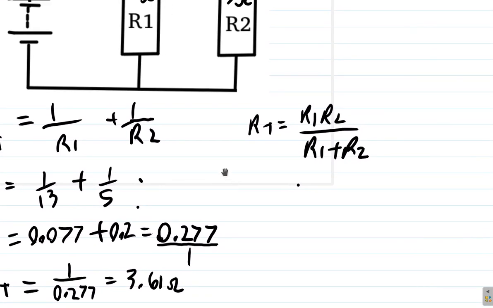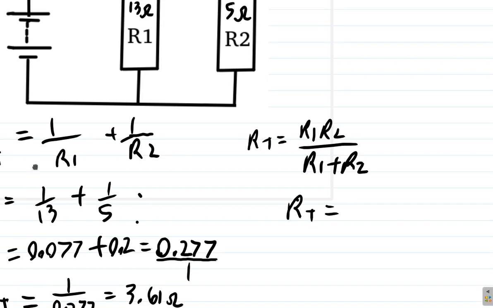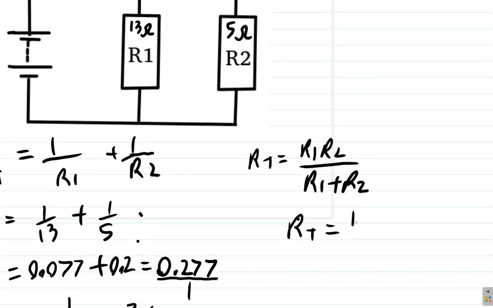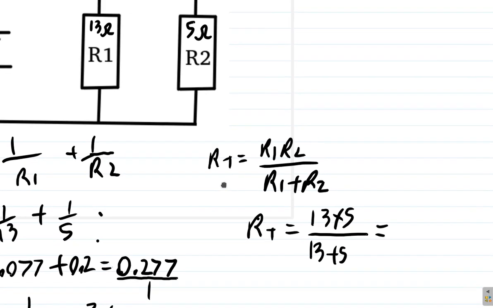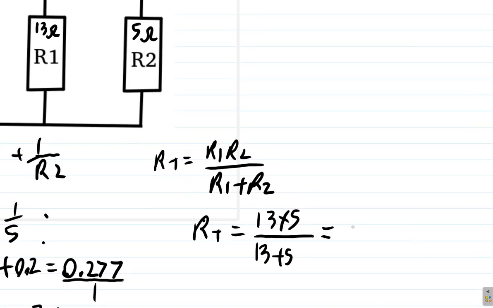Now here, let us look at using the product over sum. RT is R1 R2, and R1 R2 will be 13 by 5, divided by R1 plus R2, which will be 13 plus 5. What is that equal to? 13 by 5 is 65, over 13 plus 5 is 18.